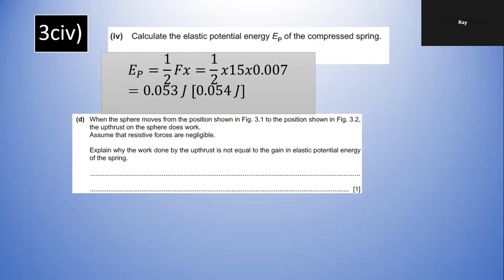When the sphere moves from position shown in figure 3.1 to position 3.2, the upthrust on the sphere does work. Explain why work done by the upthrust is not equal to the gain in elastic potential energy of the spring. Is it because they didn't consider the weight?